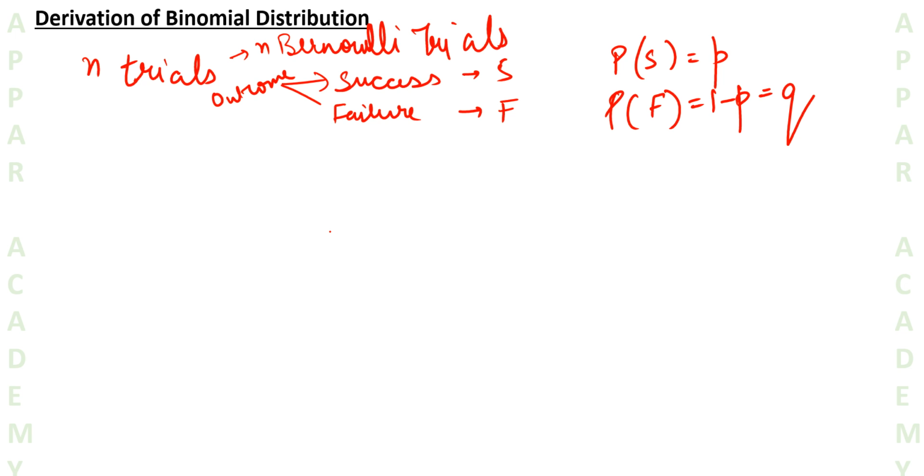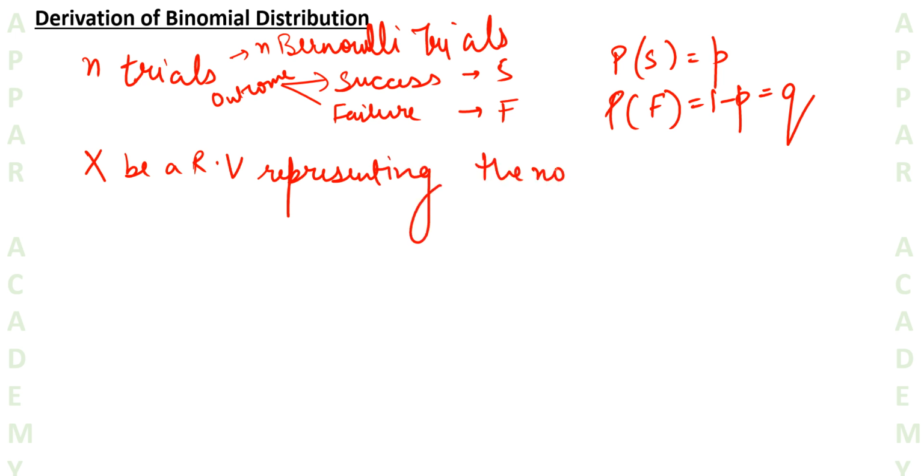Now let X be the random variable representing the number of successes in n trials.